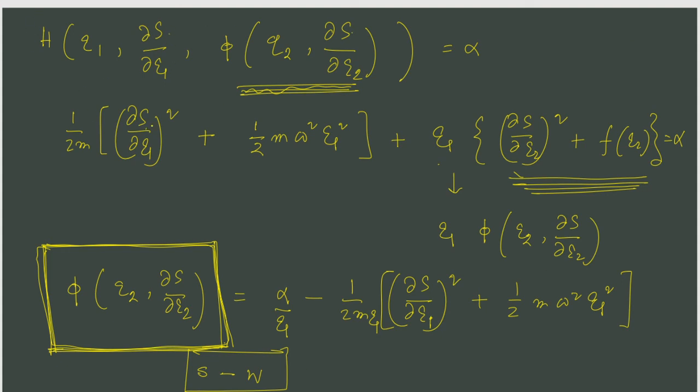Because this is a time independent problem, this left hand side can in principle be integrated, and similarly for all other coordinates the assertion holds. So finally we will be able to find w, and if we find the Hamilton's characteristic function, then we have essentially solved the problem. So this is one big advantage. We shall see more examples later.